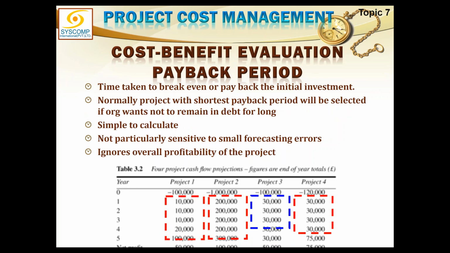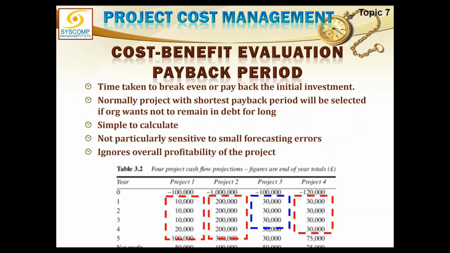Let's move on to the other method, which is the payback period. Which project pays you back the earliest? In project 1, you have invested 100,000 rupees. You are getting 10,000, 10,000, 10,000. In 4 years, you only recover 50,000.